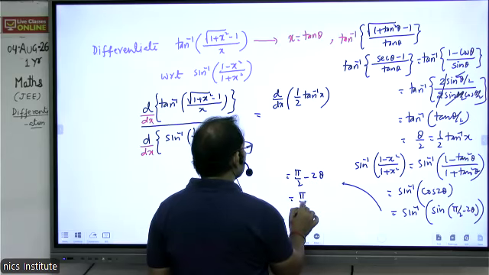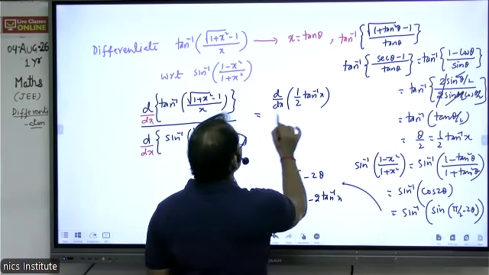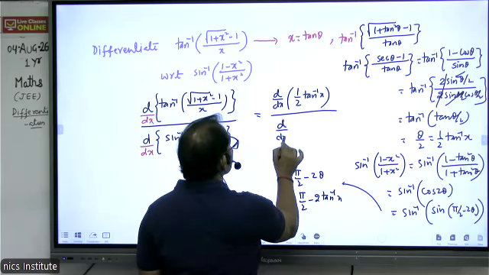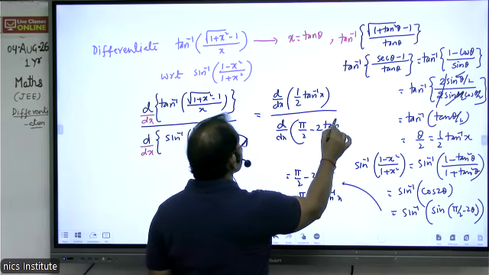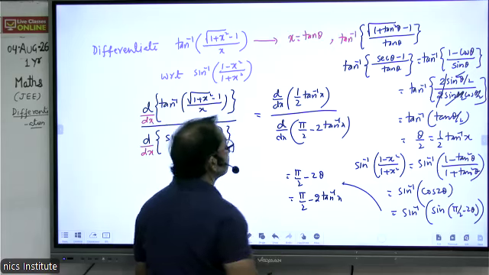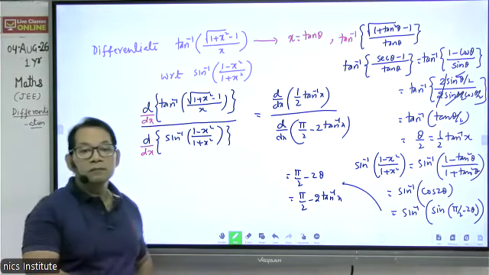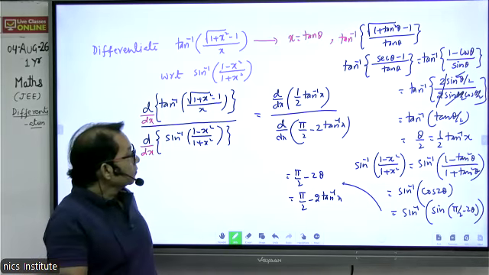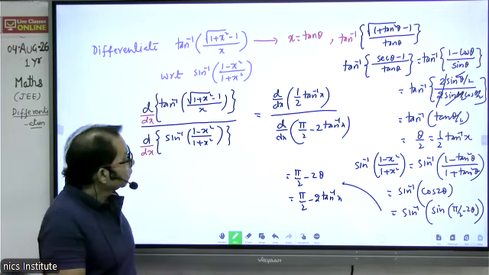But what is theta? Theta is tan inverse x. So this is d by dx of pi by 2 minus 2 tan inverse x. Yes, that is the same answer.